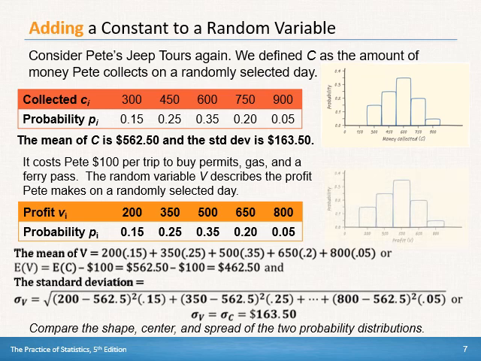The shape is still the same, still fairly symmetrical. The scale changes below, but the spread and the shape do not.